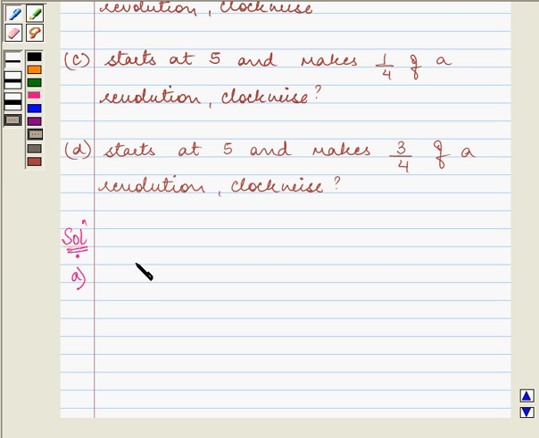For the first part, it says it starts at 12 and makes half of a revolution.